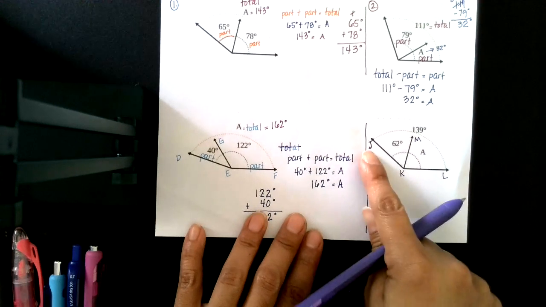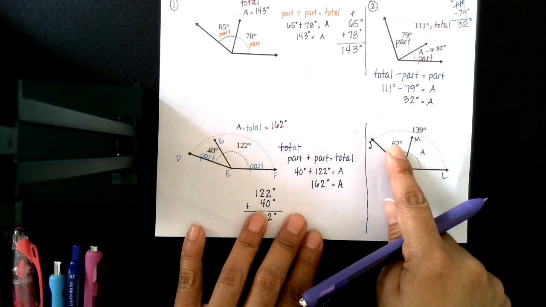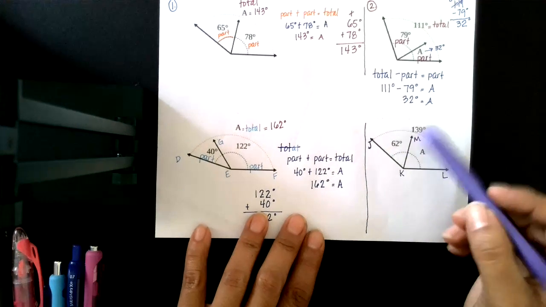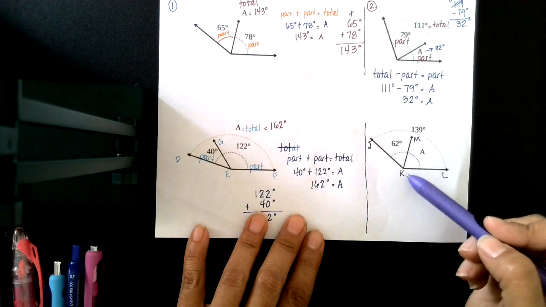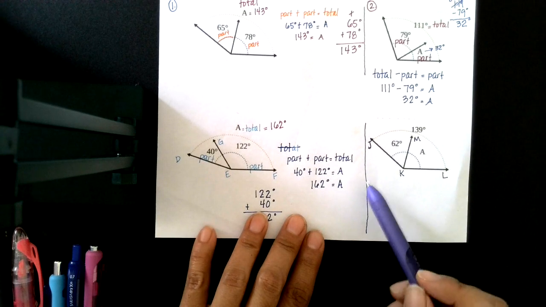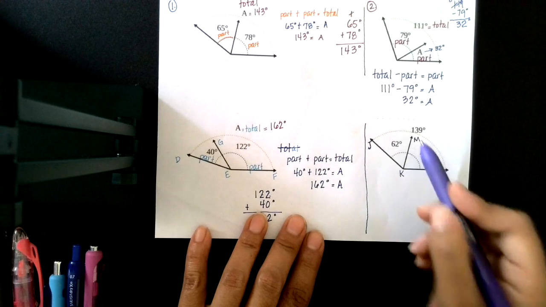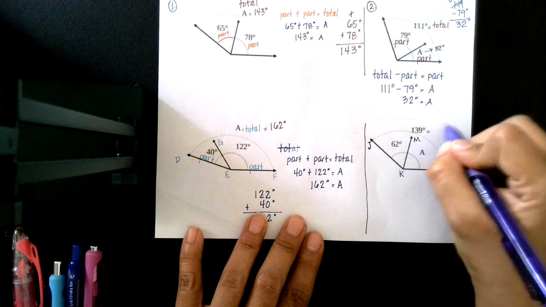So angle JKM, 62 degrees. We do not know the measure of angle MKL, but we do know the combined measure of both of these angles, right? So this is our total.